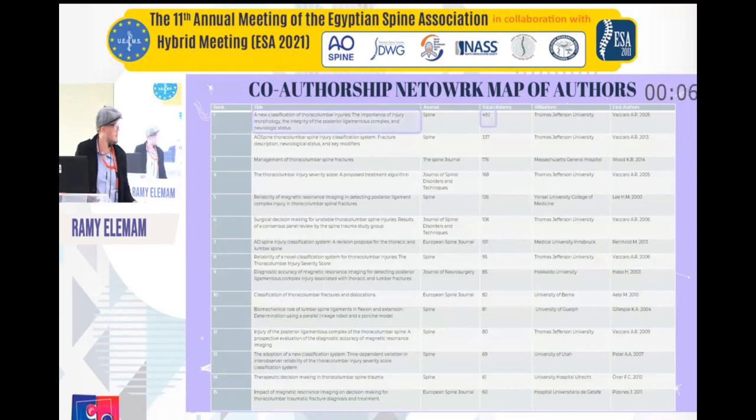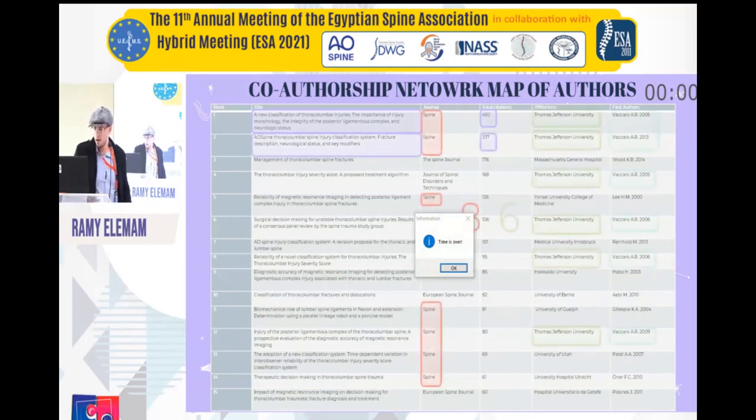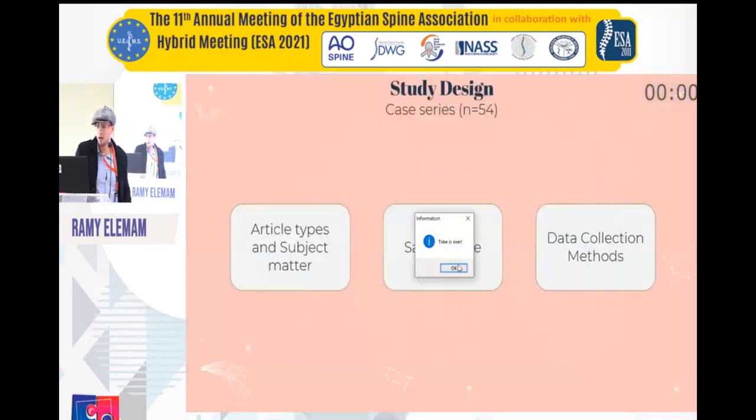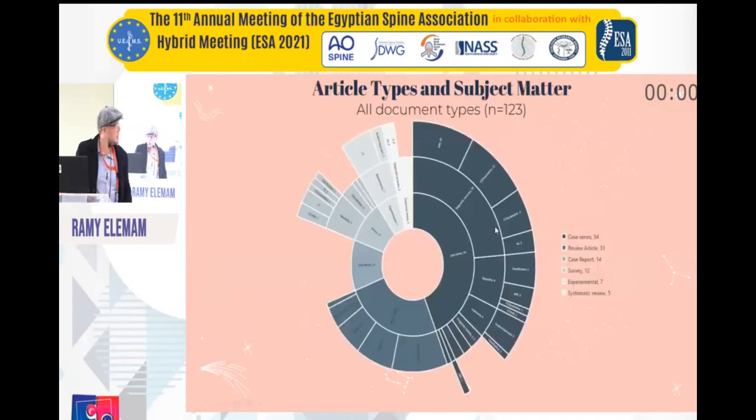And this is the wrong title, but this is a list of the 15 most cited articles, with the TLICS classification coming in first place, followed by the AO classification. And as for the study design, I'll just ask for 30 more seconds to go over it quickly. This is a sunburst diagram about all the different subject types and article types that we talked about.